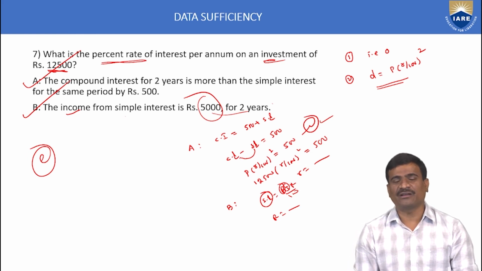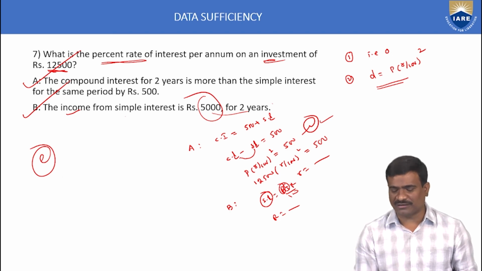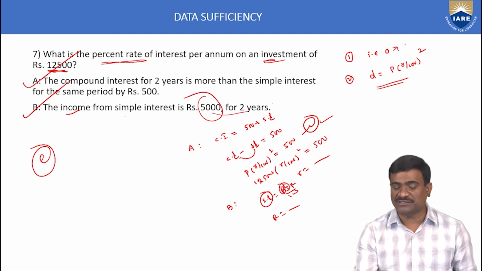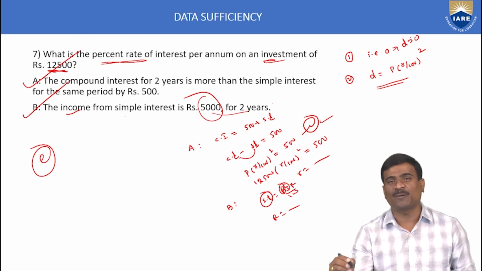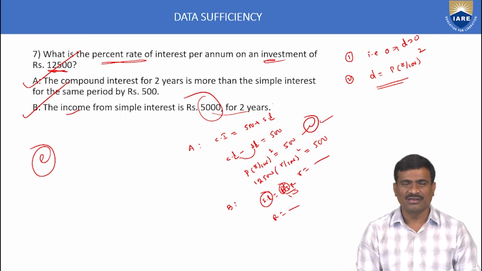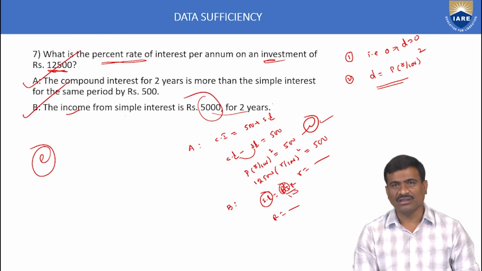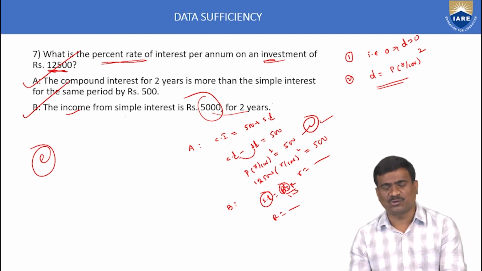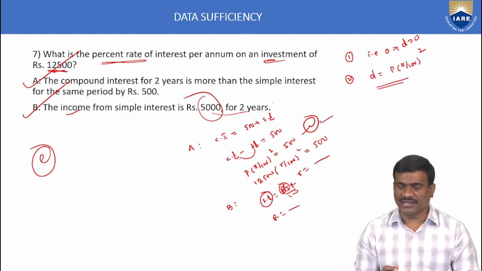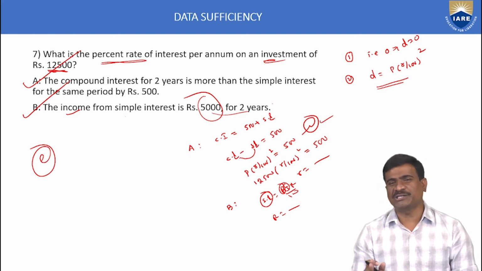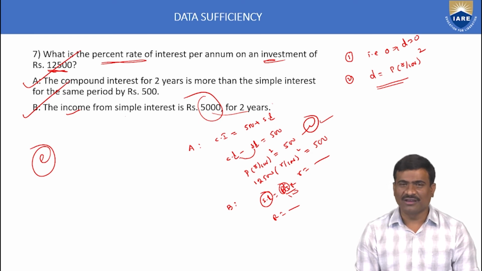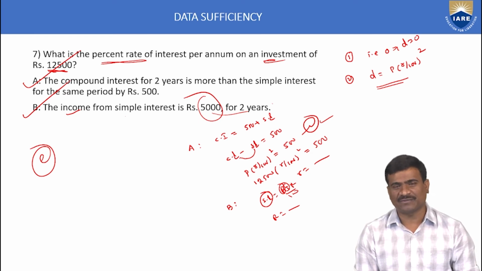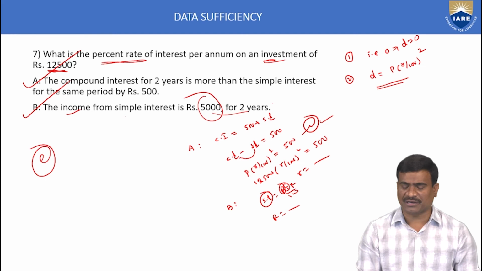The difference between compound interest and simple interest for 1 year is rupees 0 when the rate of interest is compounded yearly. Second notation, the difference between compound interest and simple interest for 2 years is D equal to P into R by 100 whole square, where D indicates the difference, P indicates the principal amount or investment or sum, and R the rate of interest per annum.